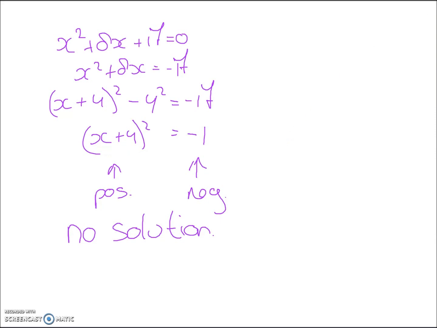I also mentioned that some equations have one solution. Let's look at the following equation now. X squared minus x plus 1/4 is equal to 0. And let's see what happens if we try to solve this. There's a fraction, so doing product sum, though possible, is not preferable, and instead we're going to use completing the square.